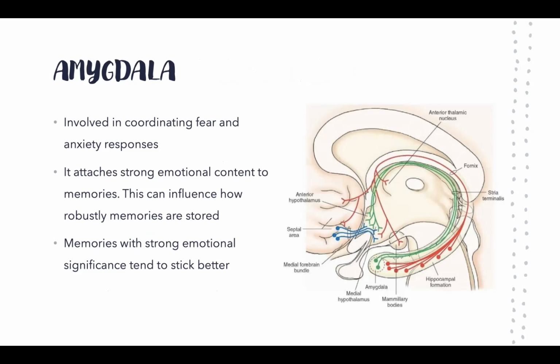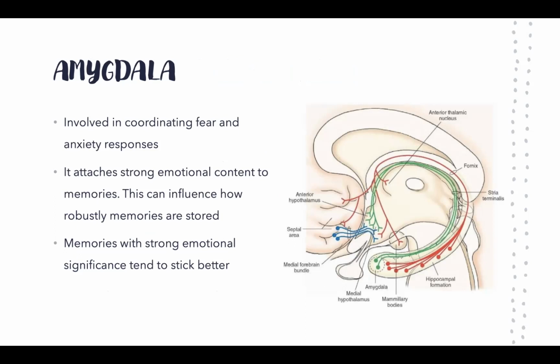Now we'll talk about the amygdala. So this is also quite a famous part of the limbic system. People always think it's due to fear and anxiety and sometimes even anger. And it's true that in a sense it is involved in coordinating fear and anxiety. However, a very important function of the amygdala is it attaches strong emotional content to memories.